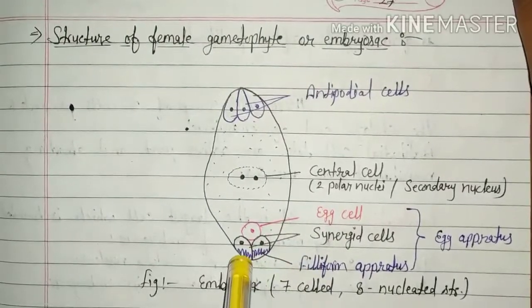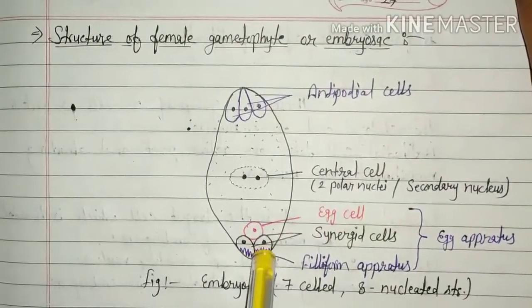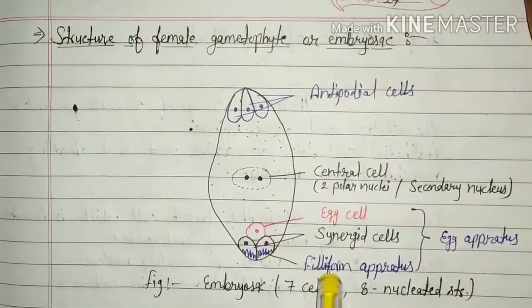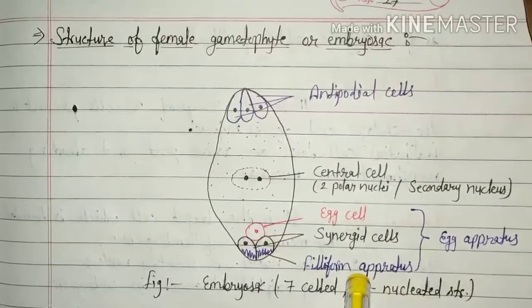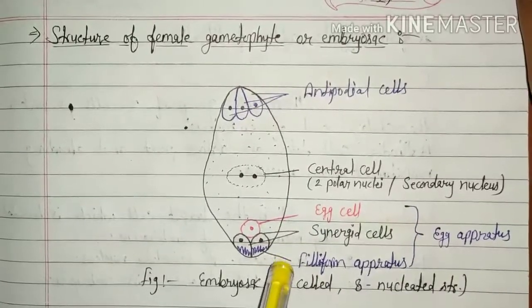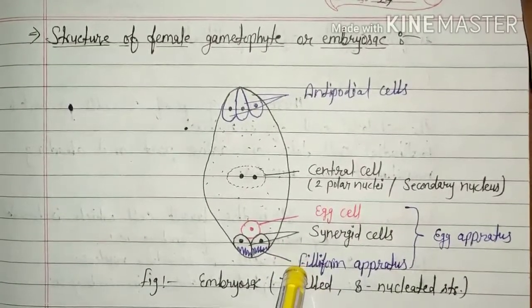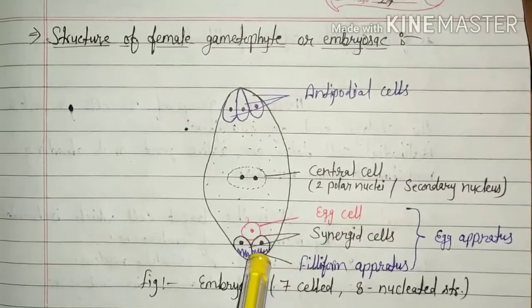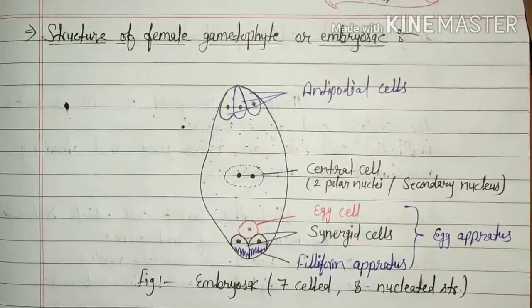In synergid cells, a filiform apparatus, a finger-like projection, is found. It is called the filiform apparatus. It helps the pollen tube enter the embryo sac.